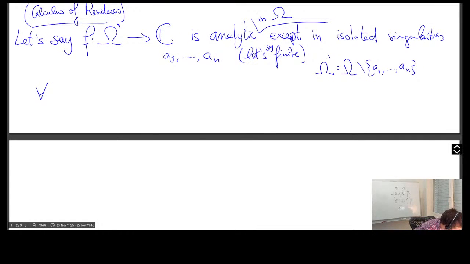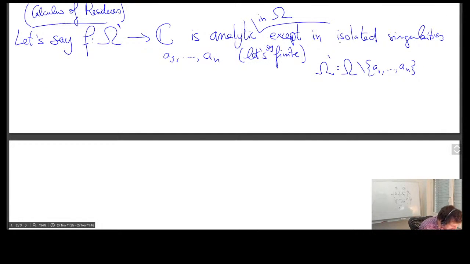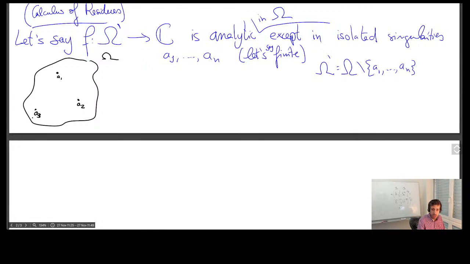So what is the plan? Maybe a picture. I shouldn't write too many equations without a picture. I have a region omega, and I have singularities a1, a2, a3. I want to describe the integral over a curve in this region, and I will want to do it for curves that are homologous to 0.